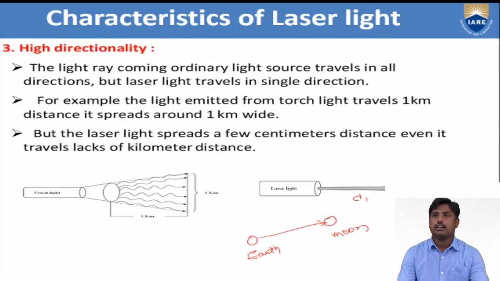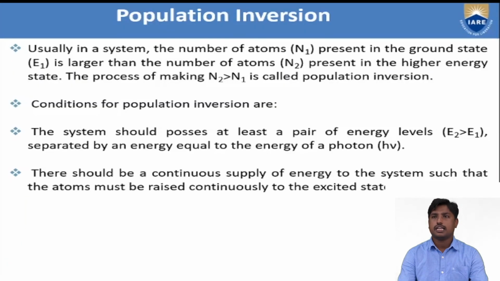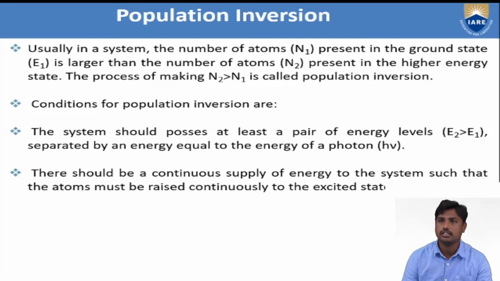Coming to some fundamental definitions regarding laser transition. One is population inversion. Population is the number of atoms present in a particular energy state. Usually, according to the Boltzmann distribution law, atoms are distributed in various energy states in a proper way.